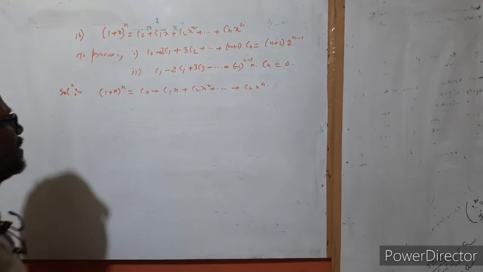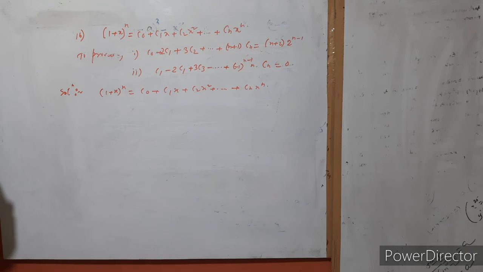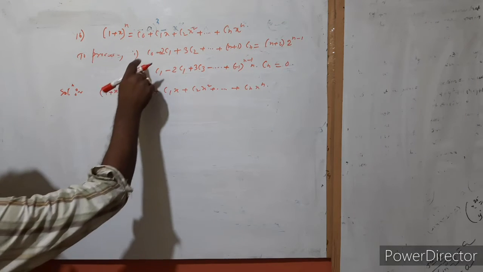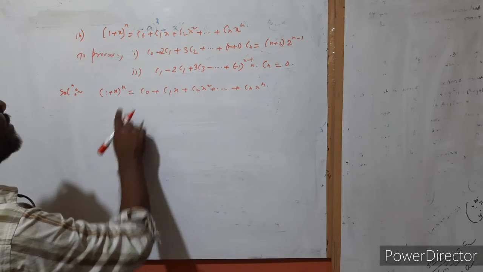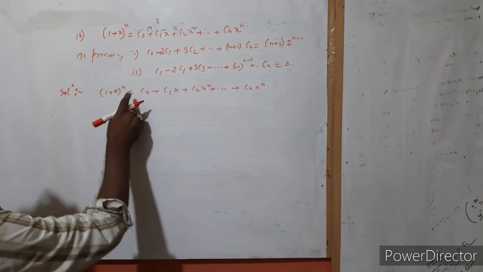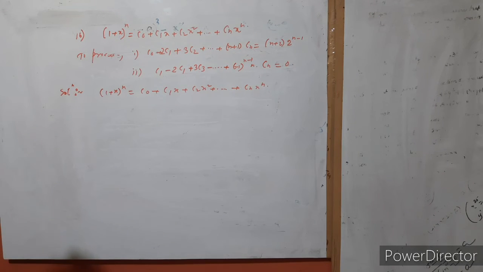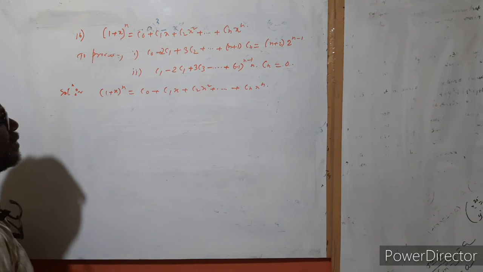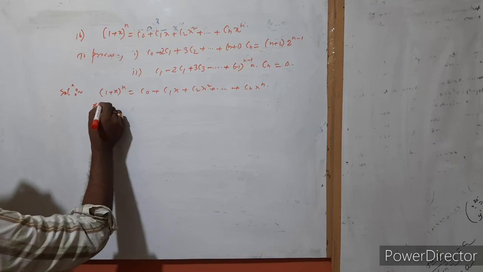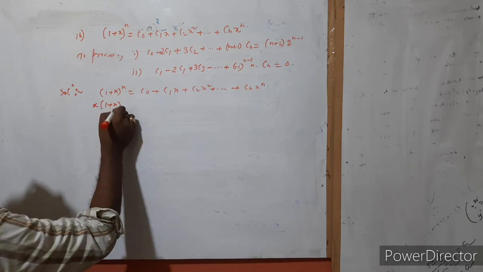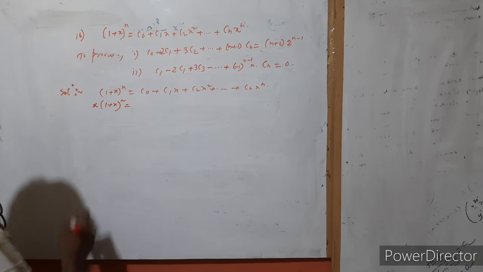See, in the first case, the sum starts from c0. So if we differentiate this, c0 is absent, so we need x to be present here. So that's why multiply by x on both sides. Okay, so this is x into 1 plus x to the power n.